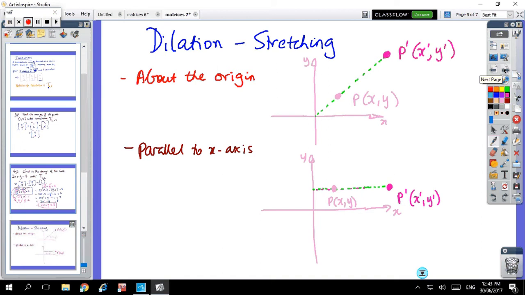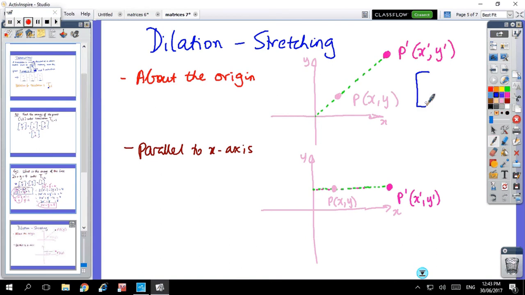Okay, so dilation. We've got dilations in a few different ways. So dilation is just a stretch. The first one is called about the origin, and so we're just moving the point outwards by some factor, and the x and y are both being stretched by the same factor.